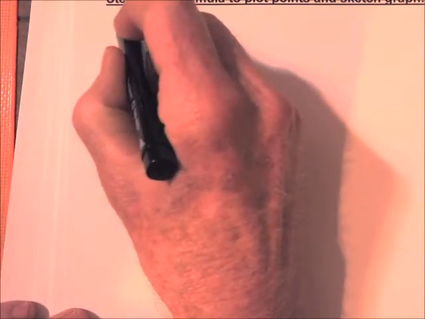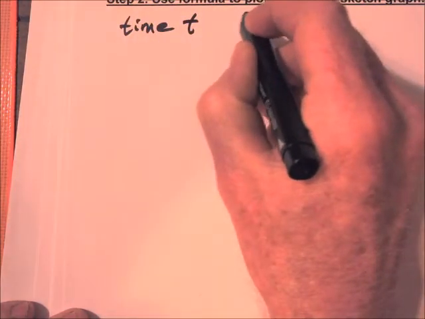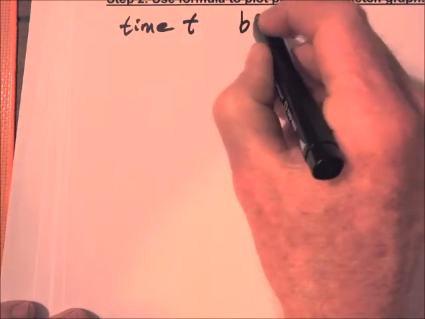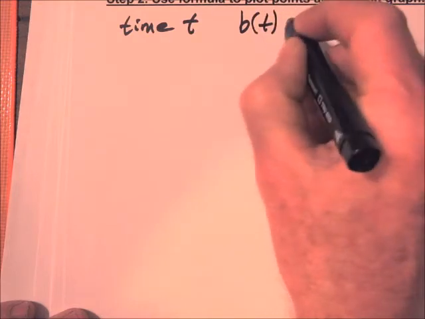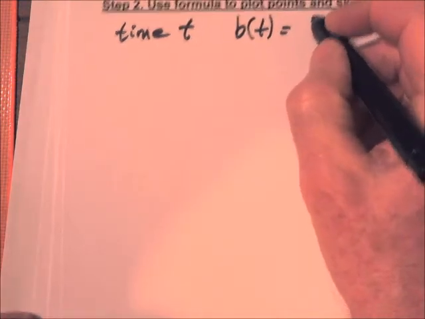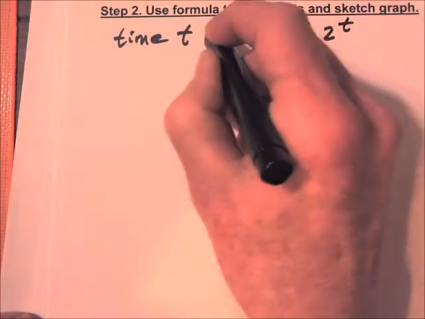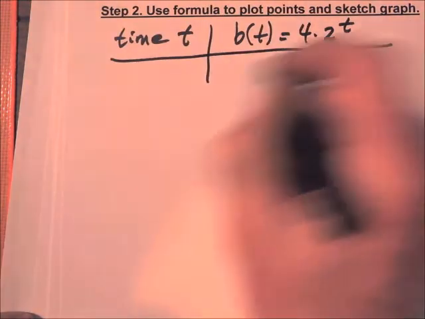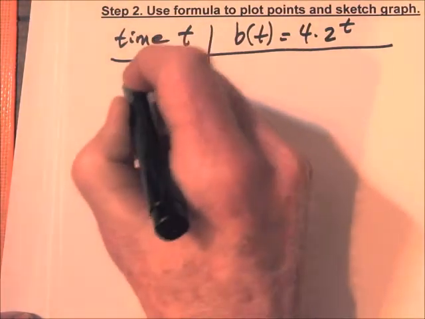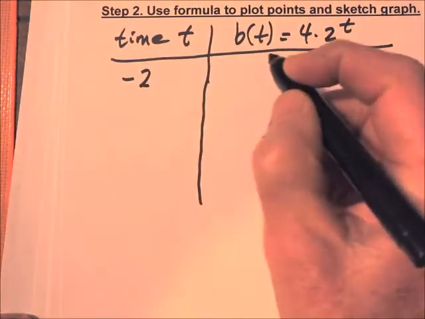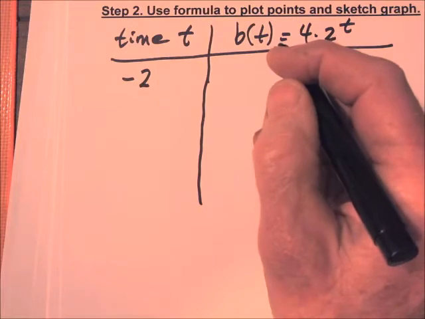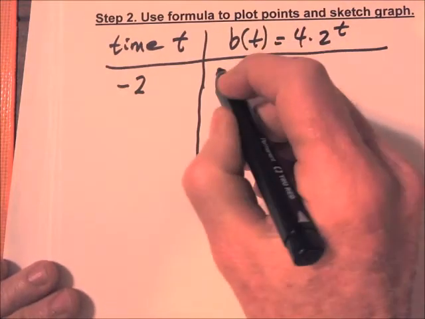So t is time, and B is the number of bacteria, as a function of time. Okay, so I'm going to start with time -2, just because it's going to be easier to graph with smaller numbers.